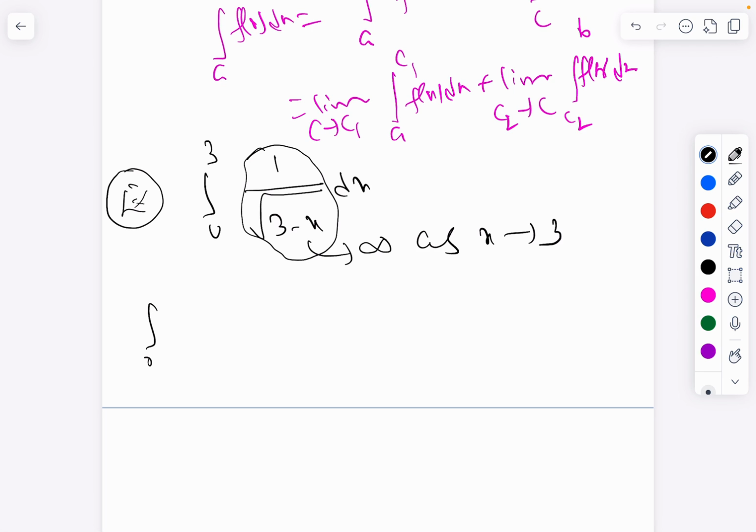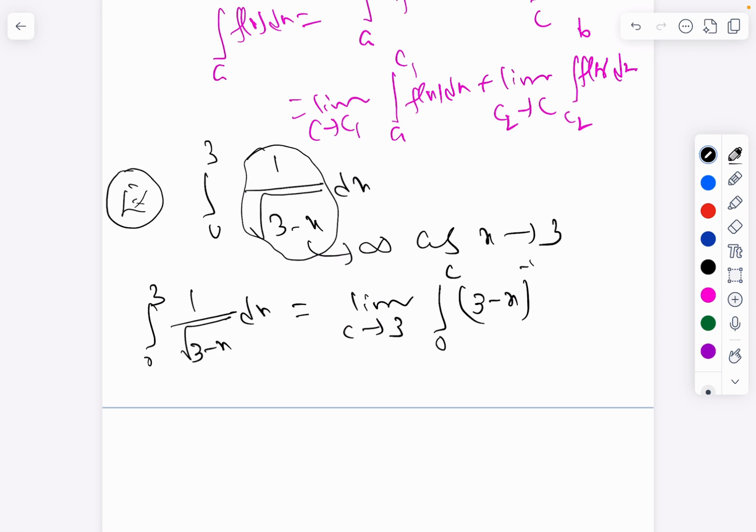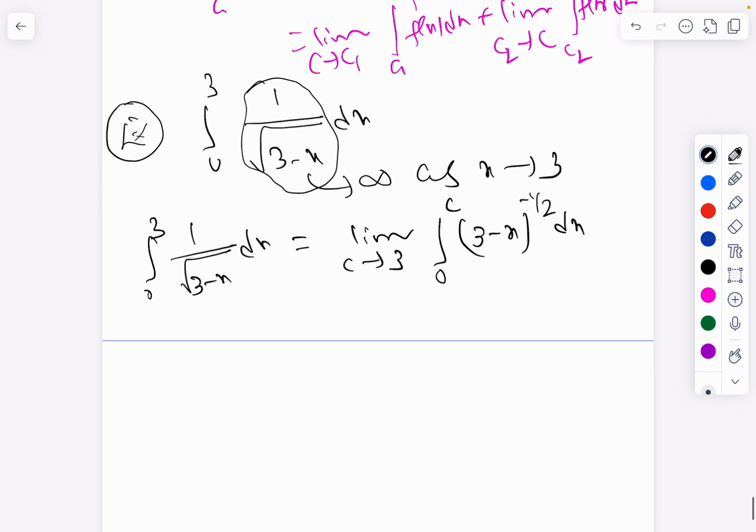So integration 0 to 3 of 1 upon root 3 minus x dx is equal to limit c tends to 3 of integration 0 to c of 3 minus x power minus half dx.